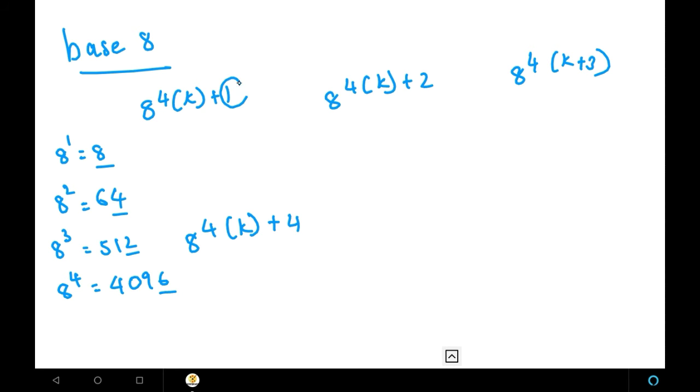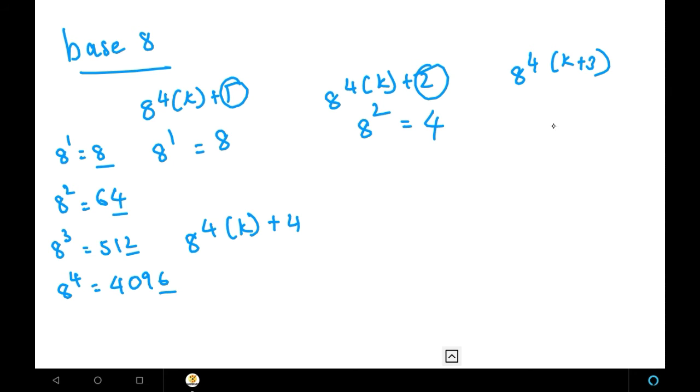If the remainder is 1, then we should consider it as 8 power 1. Then I will get 8 as the same value because 8 power 1 is 8. If the remainder is 2, we should consider it as 8 power 2. Then the units place will be 4, because we are only considering the units place, so the 64 will not come. Only 4 will come.